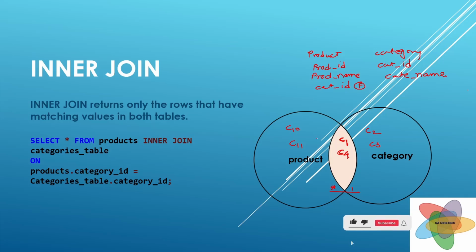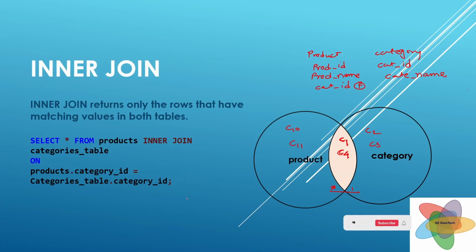Now, if we compare the category ID from the product table with the category IDs from the category table, C10 and C11 are not part of the category table, whereas C1 and C4 are part of the category table. These are the common values, C1 and C4.